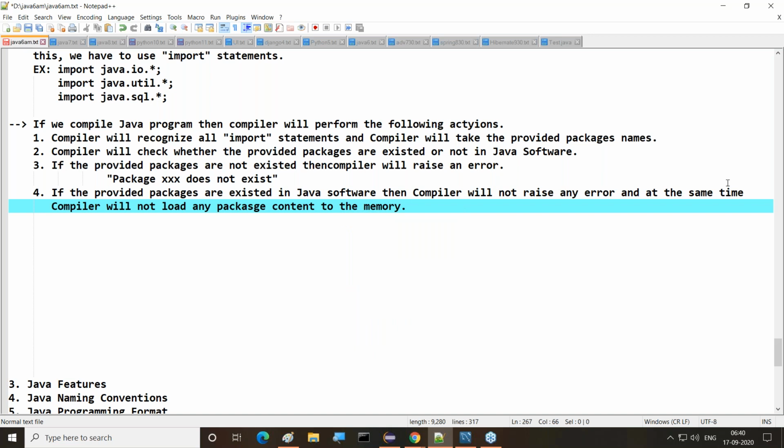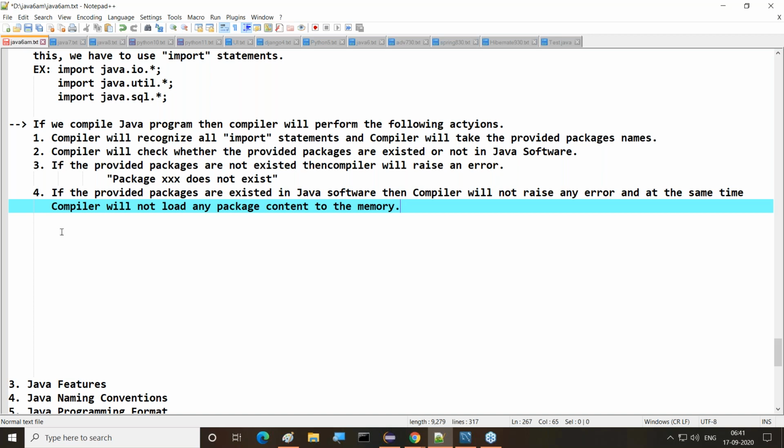Compiler will only check whether the specified package names exist or not. Understand, guys, what I'm telling you? So the compiler will not load any package content to the memory.